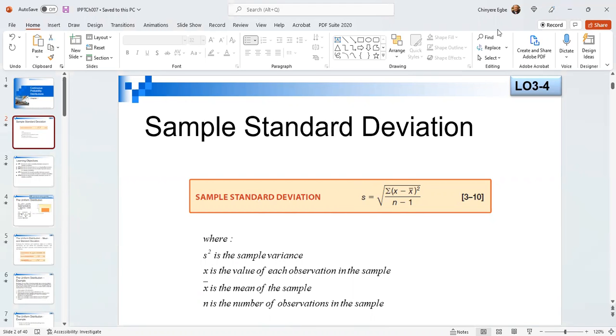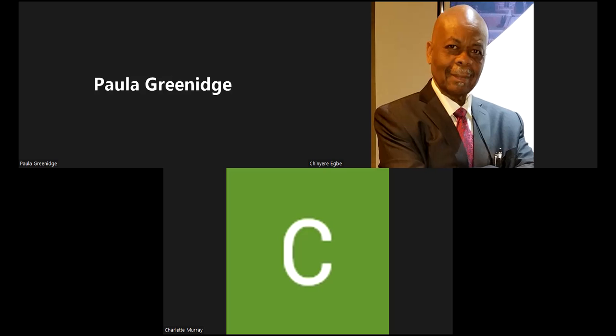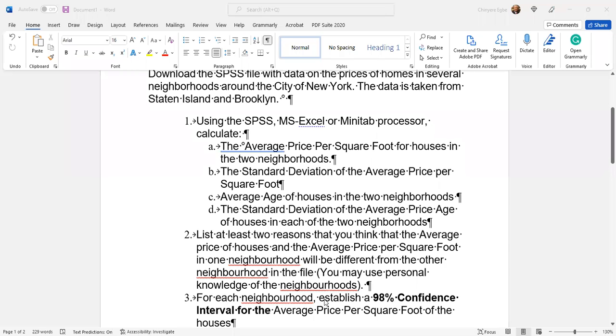Okay. Having said that, so the next question, after you calculate the mean and the standard deviation, if you think about the homework assignment, which I'm going to pull up again. It says, for each neighborhood, establish a 98% confidence interval.